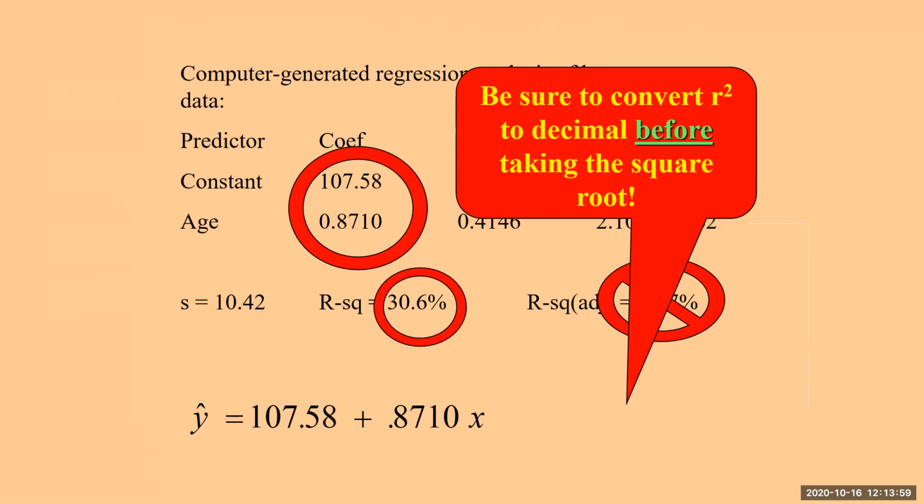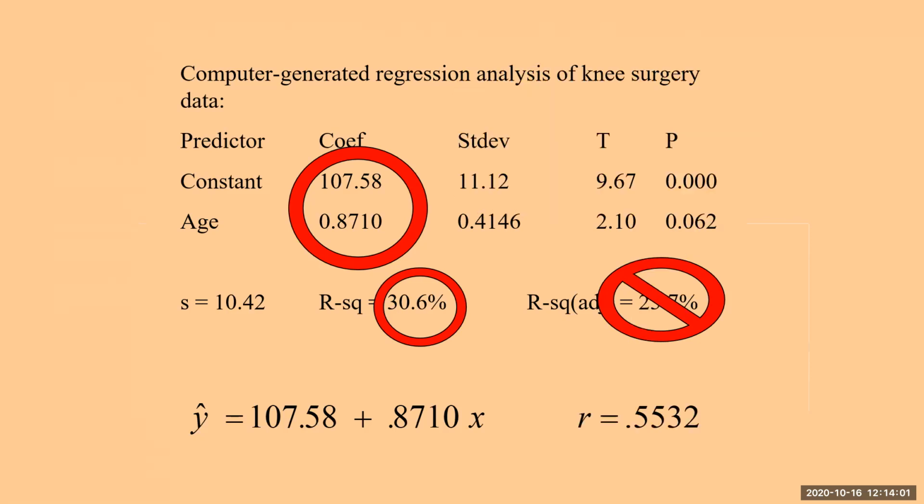So to convert to decimal, we'd have 0.306. And if we want to find R, we then need to take the square root of 0.306 and we get 0.5532. So based on that 0.55, that would be considered a moderate positive correlation between age and range of motion.